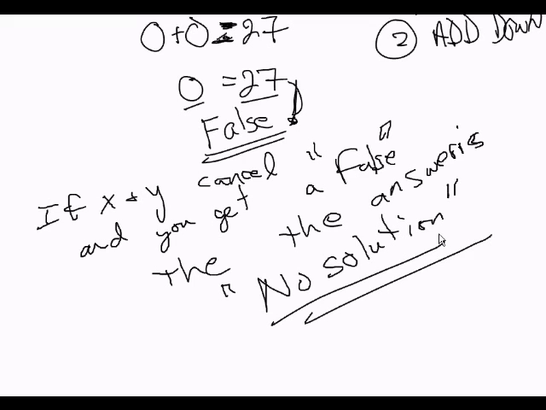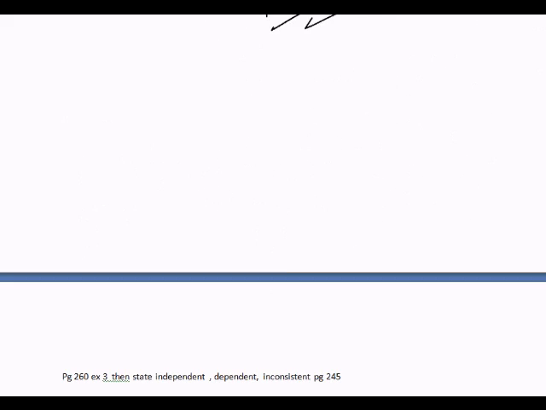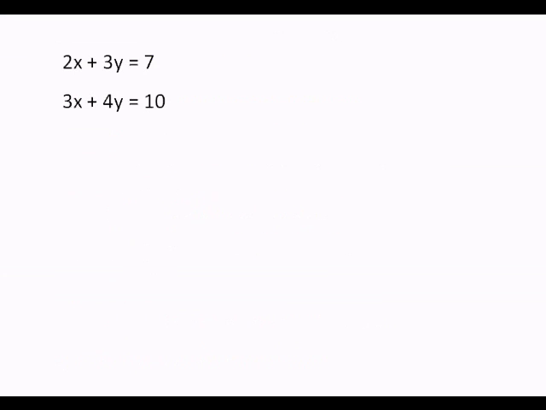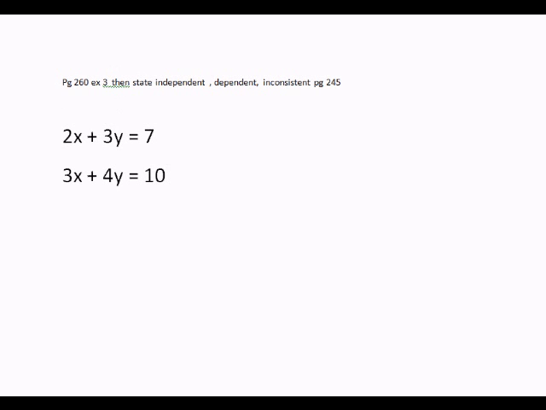There is no answer. So if you get a true statement, the answer is an infinite number of solutions. If you get a false statement like 0 equals 27, then there is no solution. No solution. So that one was easy because you just had to add them going down. I like that one.